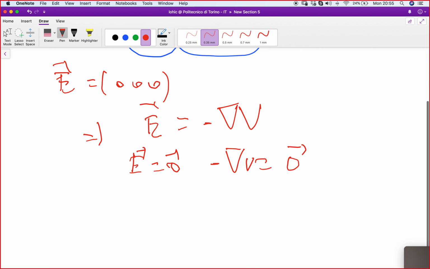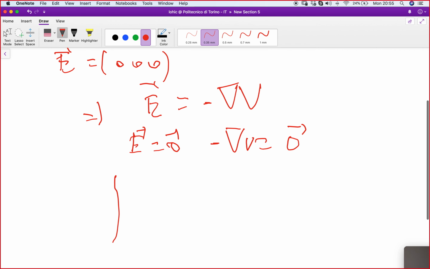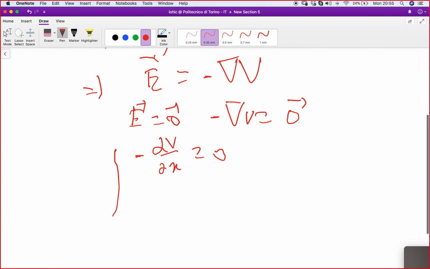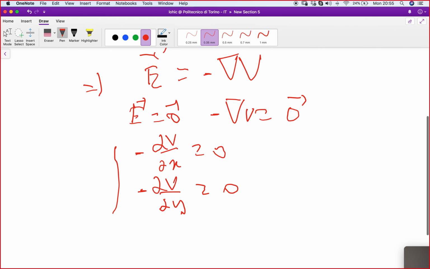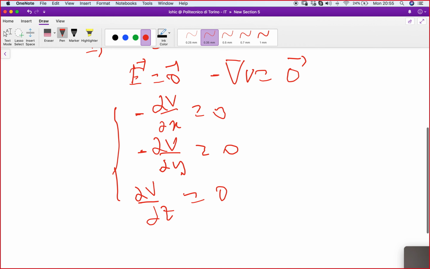This means that minus the derivative of V with respect to x is 0, minus the derivative of V with respect to y is 0, and minus the derivative of V with respect to z is 0. So each of the derivatives of V with respect to x, y and z is 0.